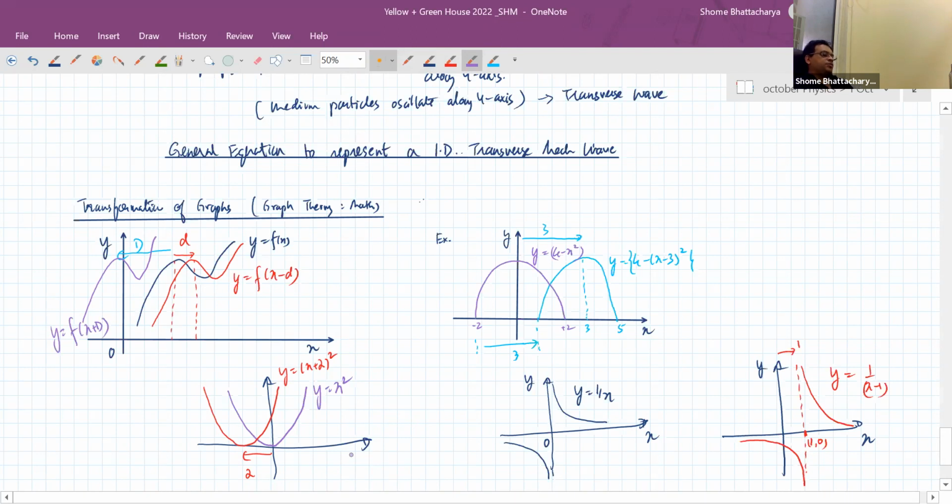Whereas to shift it along the positive x direction, I have to replace x with x minus d. So this is a simple concept of transformation along the x-axis. Within transformation of graph theory, we'll require only this one type of concept for our purpose for wave mechanics today.